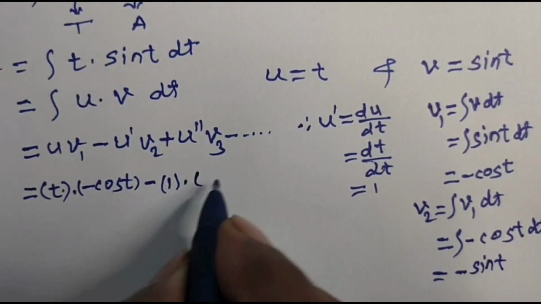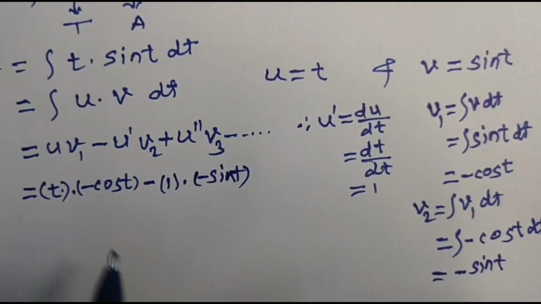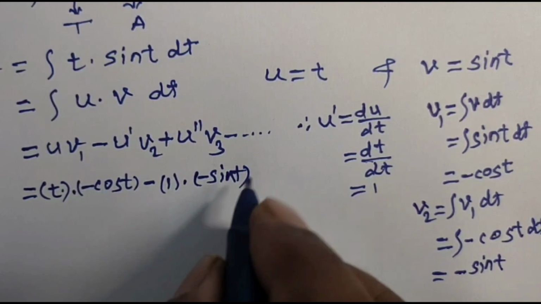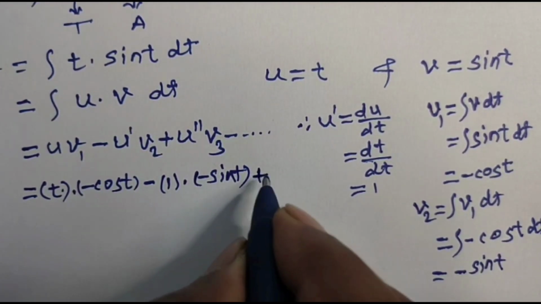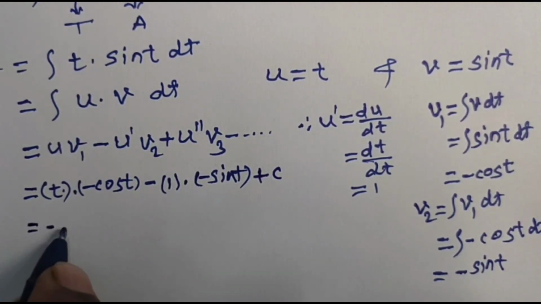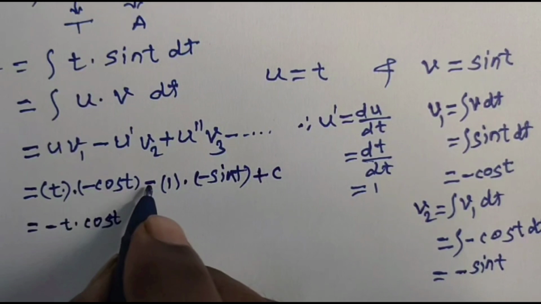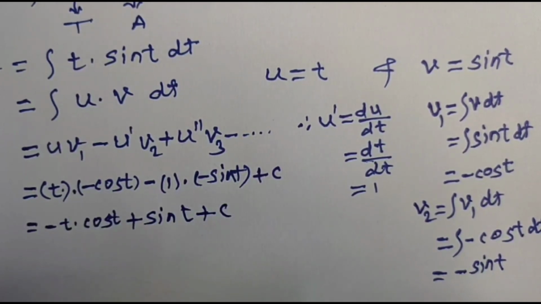So here we can put minus sin t, and the next term is not required because u dash is a constant term. This is sufficient. Now simplify this. You can add plus integral constant c. So this is equal to minus t into cos t plus sin t plus c.